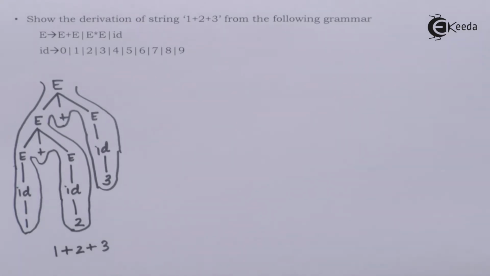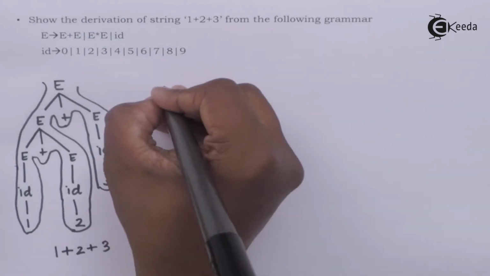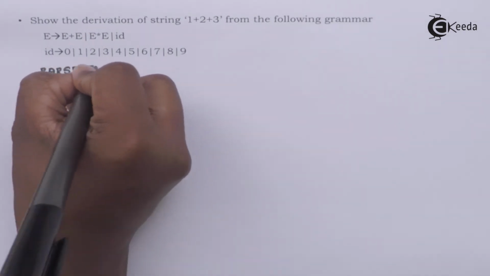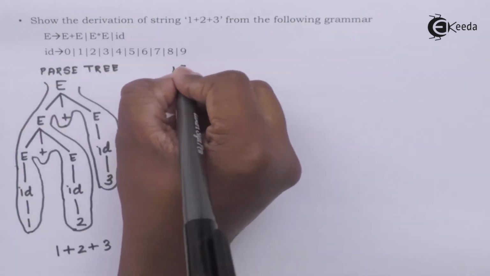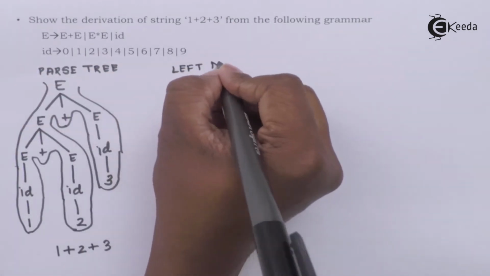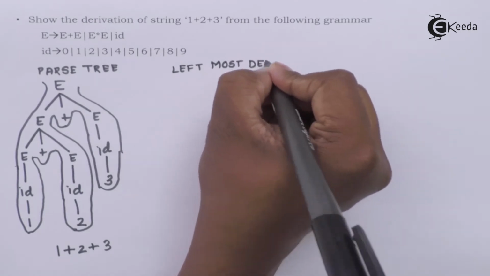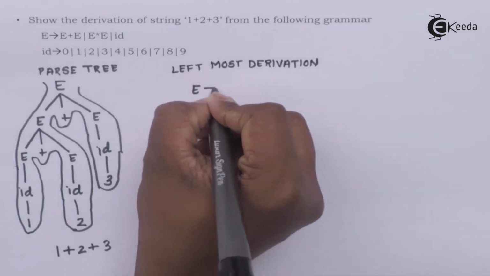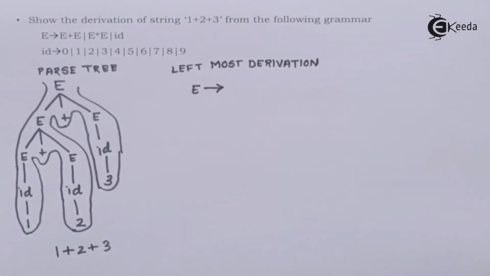Having done with the parse tree, now let us construct the leftmost derivation. We will start with the start symbol E over here. We need to produce plus, so we will use E produces E plus E as the production.